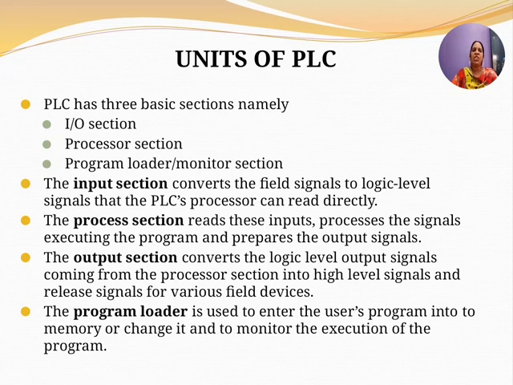The input section converts the field signals to logic level signals that the PLC processors can read directly. So from the input section, from the input module, the signal goes to the processor.